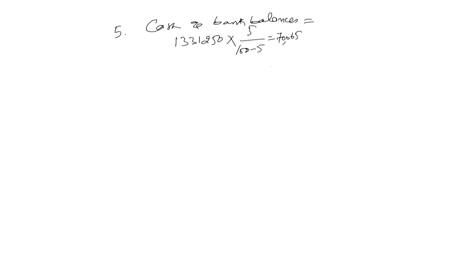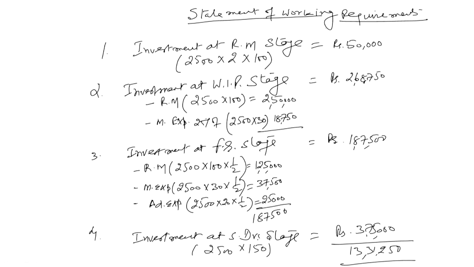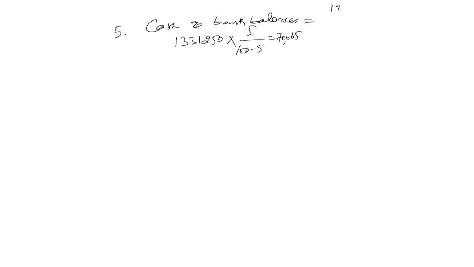So, what was the balance till date? If you take the balance forward, that balance was 13,31,250. 13,31,250 is the balance till now, and in this you have to add 70,065.